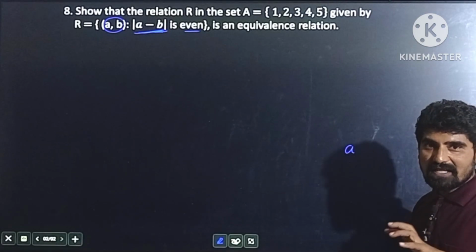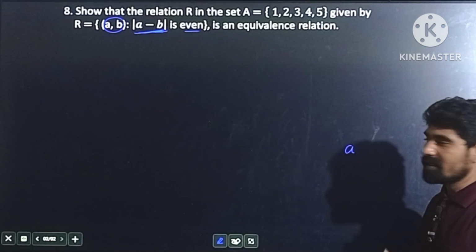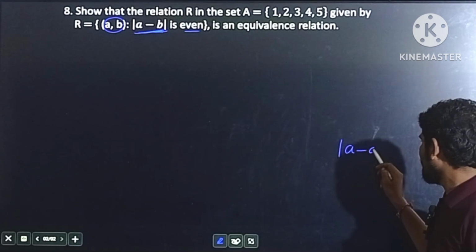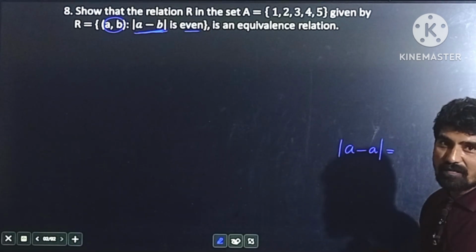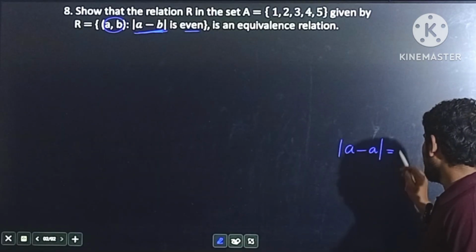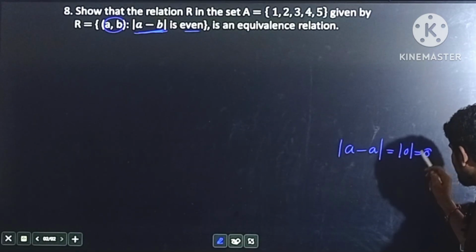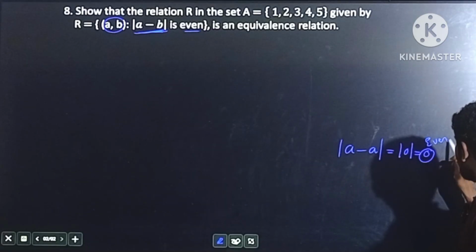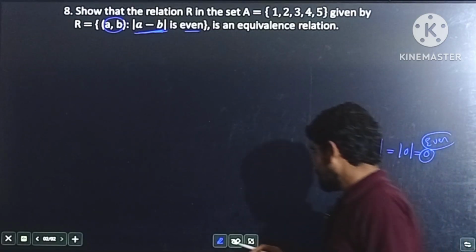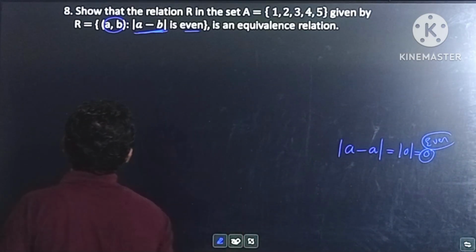We need to check whether this element is related to itself or not. It means modulus of A minus A should be an even number. The value of A minus A is 0 and modulus of 0 is 0, which implies 0 is one of the even numbers. Definitely 0 is an even number. So therefore this relation is a reflexive relation.